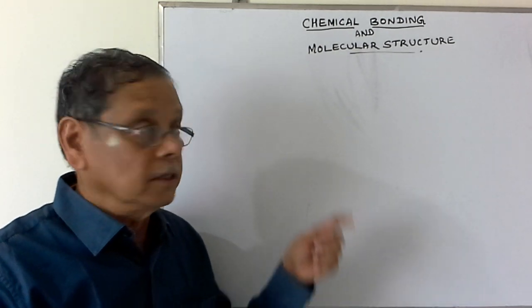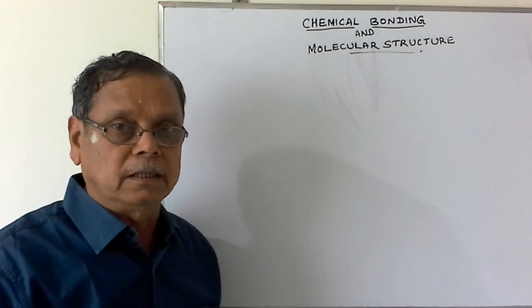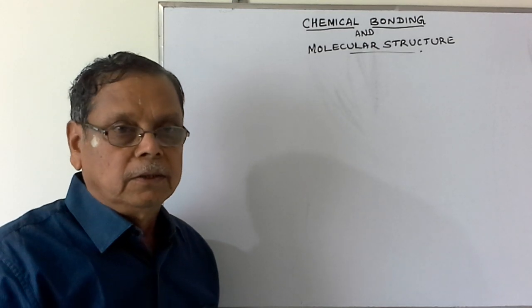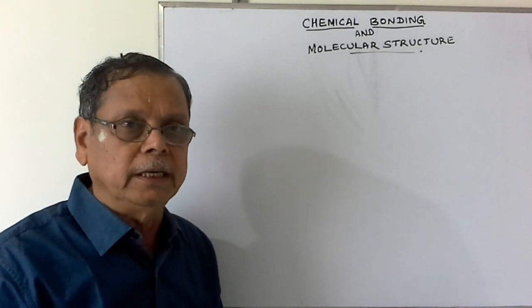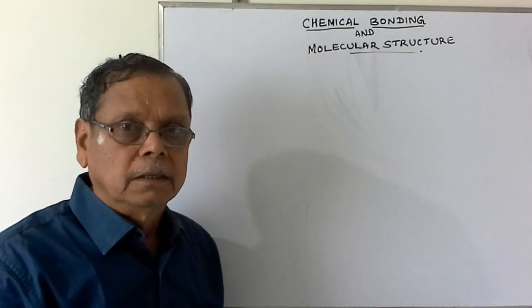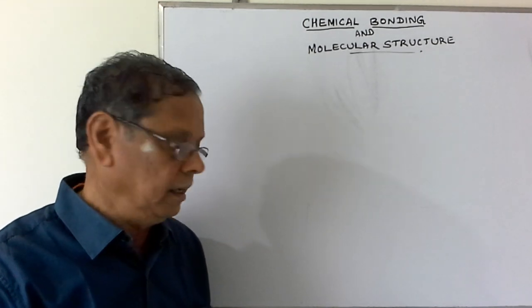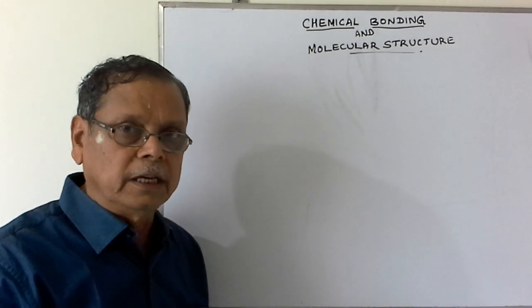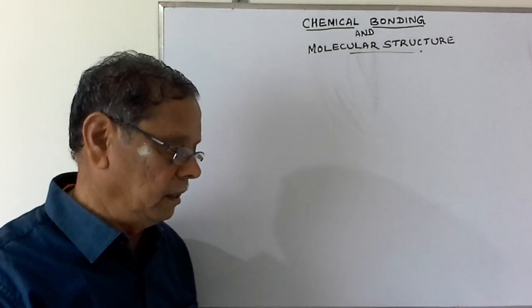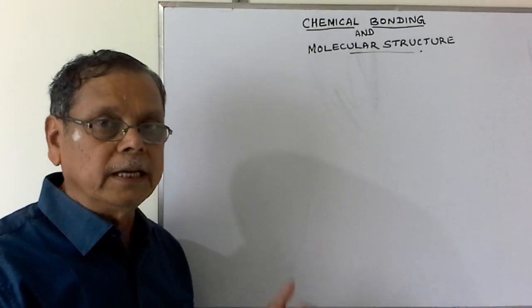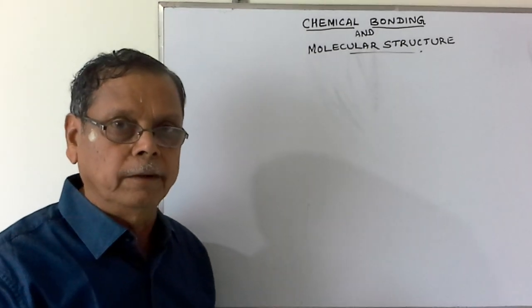As far as this chemical bonding and molecular structure chapter is concerned, we will deal with so many subtopics in this chapter, like the Kossel and Lewis theory for formation of the chemical bond, which actually considers the octet rule.